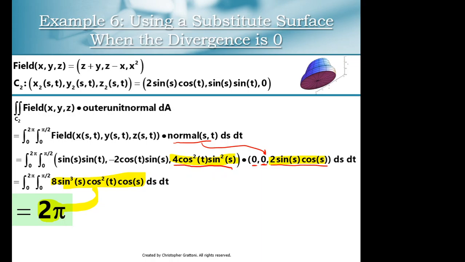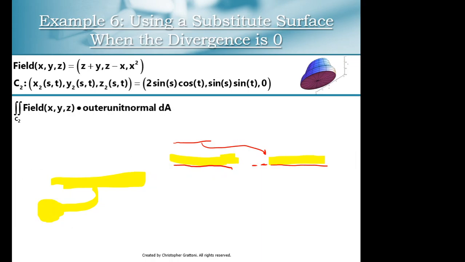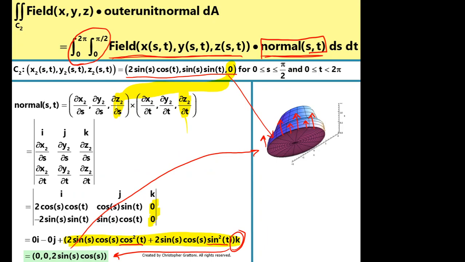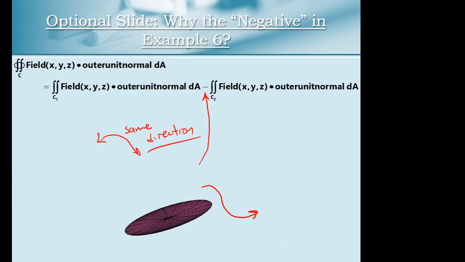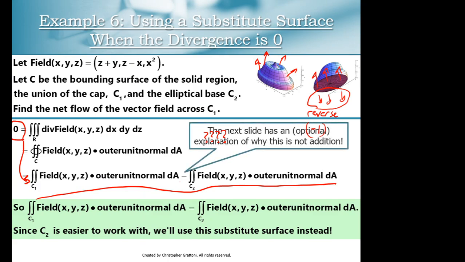By the way, a common question that I get is, wait, Mr. Grattoni, did you need to reverse these normal vectors in this calculation? Well, not quite. The reversing of the normal vectors was to derive the formula for you for doing a substitute surface. The reason that I was talking about reversing normal vectors is to show you how, if the divergence of a vector field is equal to 0, and you can make a closed surface out of 2 separate surfaces, the flow across each of those surfaces will be the same.